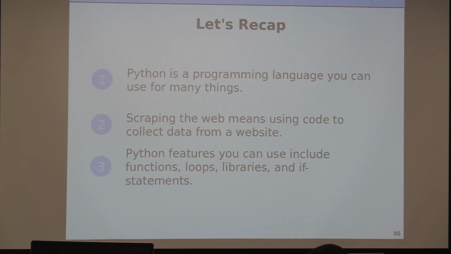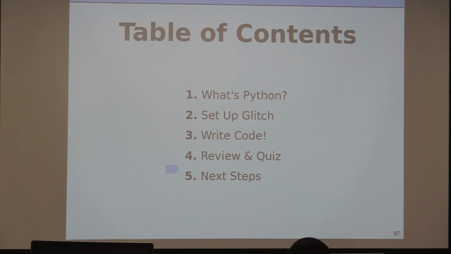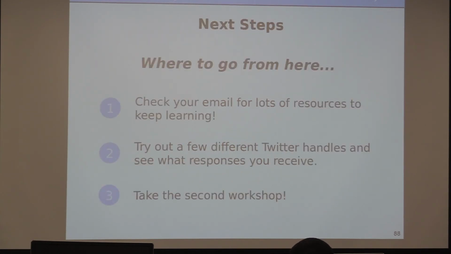Okay, so just to go over, we did kind of a brief introduction on Python. We did stuff on web scraping, and we figured out how to put together the functions, the loops, and the libraries, and some logical switch statements to interact with that. If you want to do more Python, you can definitely get a Python book.